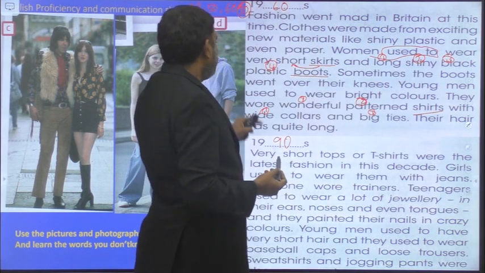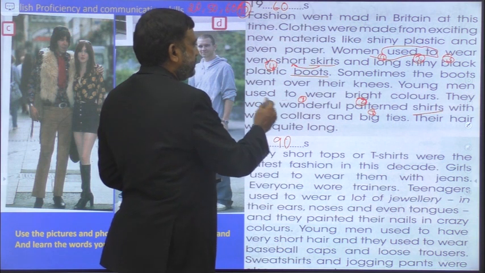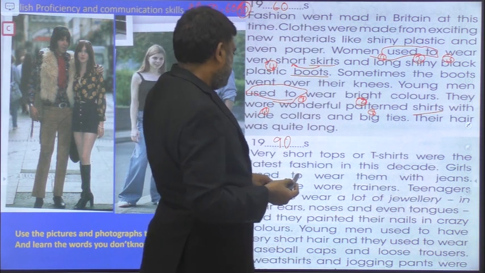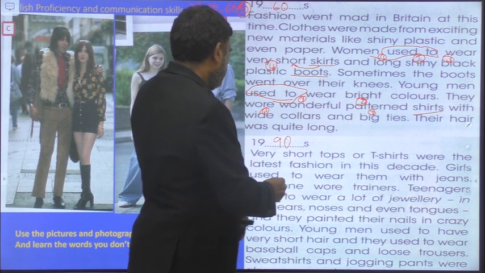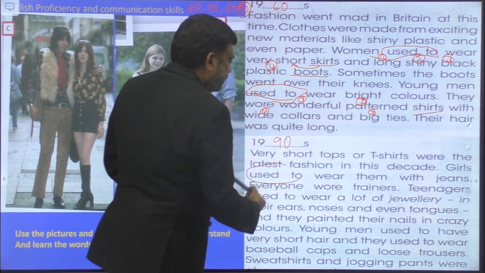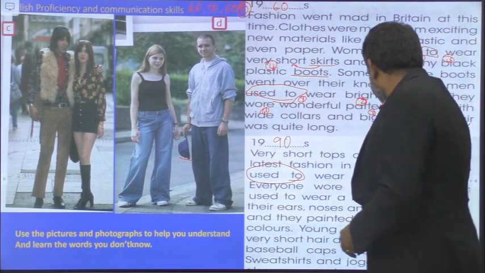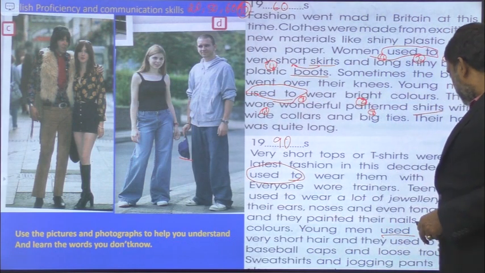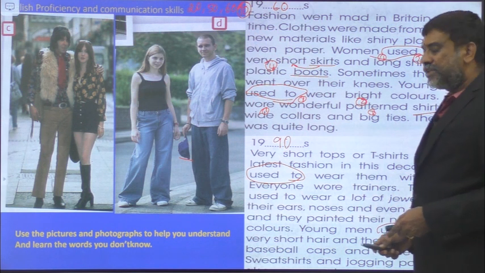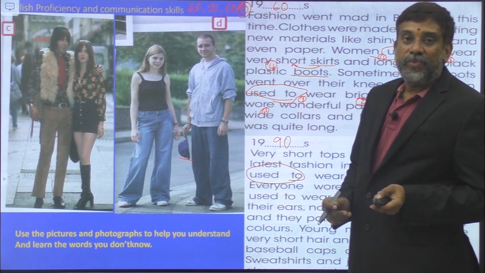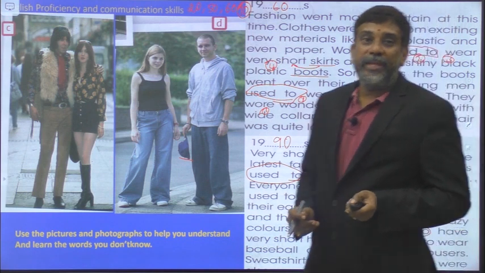Next, sometimes both used to wear bright colors, right? Next, here also we have used to. Like that we have it at many places. So there are many used tos here. Now let us look at what exactly this used to is.